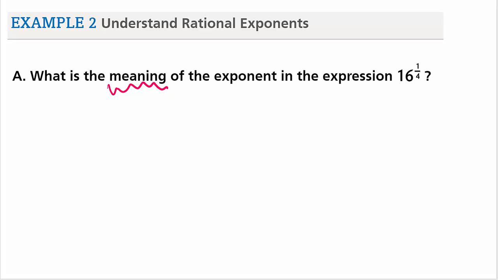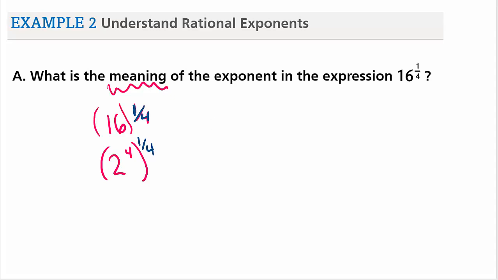The first thing I want to do is break down 16 to the 1/4. The one thing I want you to see is that we can actually rewrite 16 as 2 to the 4th, and then I'll take that exponent of 1/4 and just carry it on the outside.